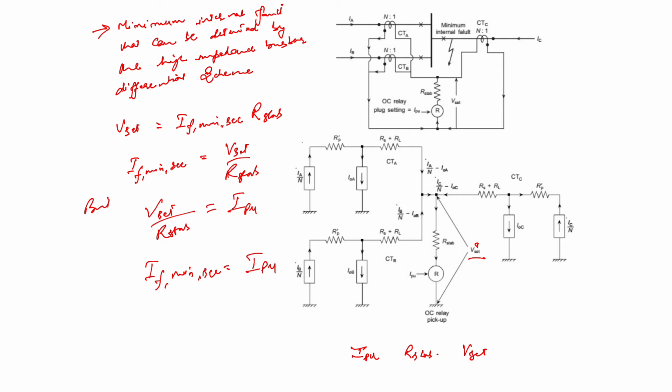During the internal fault all the CT secondaries are feeding this spill path. This is the spill path, so this is also feeding, this is also feeding, and this is also feeding the spill path. So we have to calculate the minimum internal fault current in that very case.